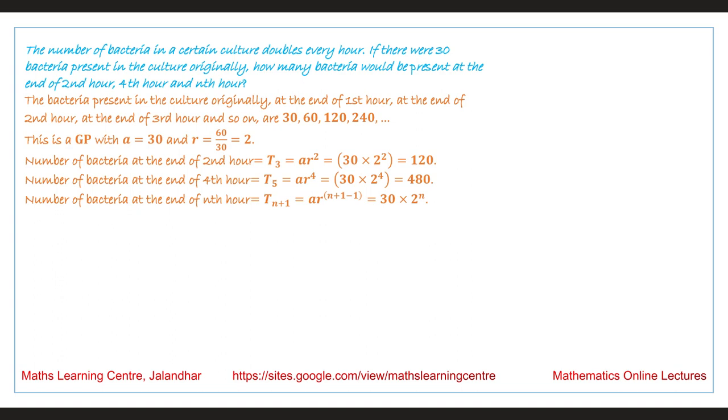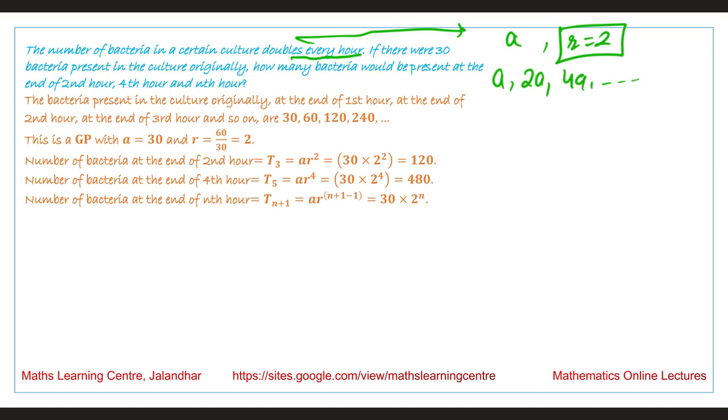Next, the number of bacteria in a certain culture doubles every hour. If it doubles every hour, it means if initially it is A, the rate that we have is 2. The first term is A, then it is 2A, then it is 4A, and so on.